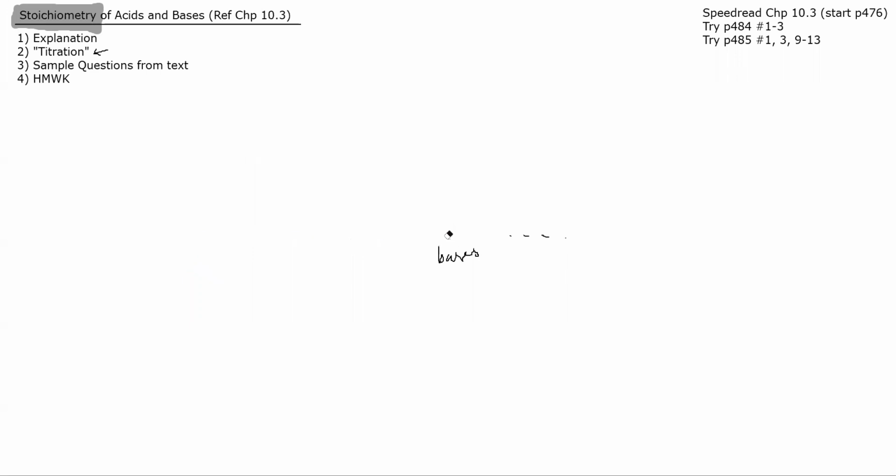If you have a textbook with you, I highly encourage you to pause the video and get that open. Grab a paper and pencil and copy stuff down. I'm going to explain how stoichiometry is similar and how it's slightly different with acids and bases. As I do so, I may drop a scientific term called titration on you.